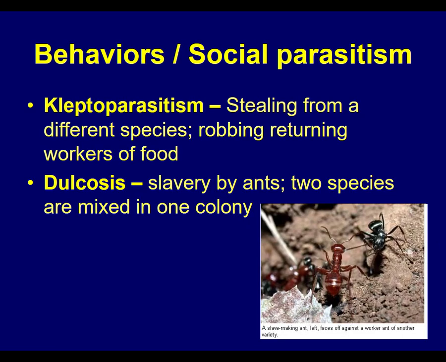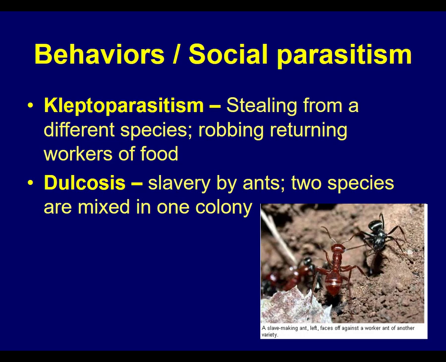Now, there's also social parasitism that goes on, and so this is not sucking blood or eating skin off of a host or anything like that. But kleptoparasitism is stealing, and some ant species are really good at it. I'm not saying all ants, but some of them will find other insects or other species of ants and beat them up and steal their food and all that.